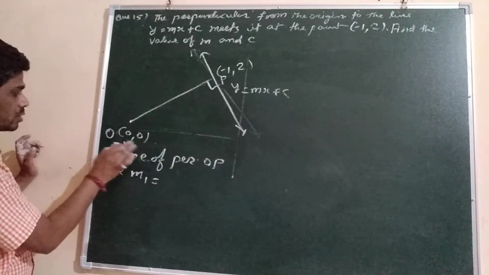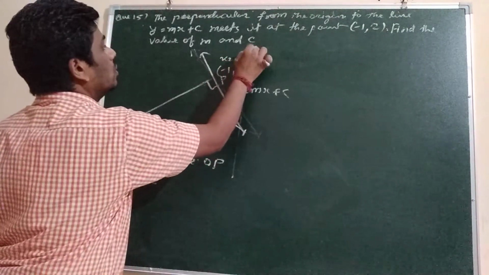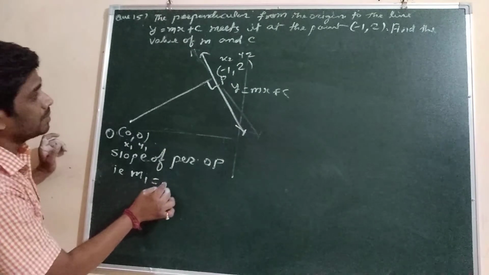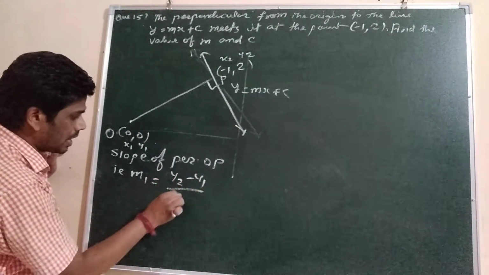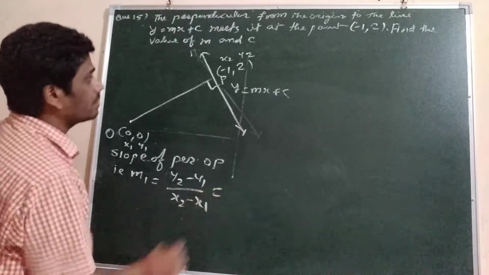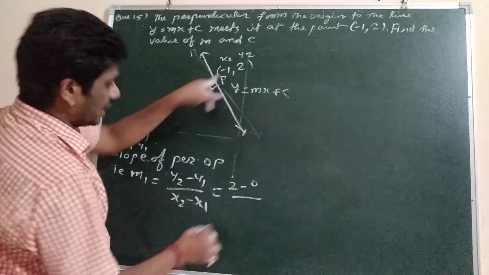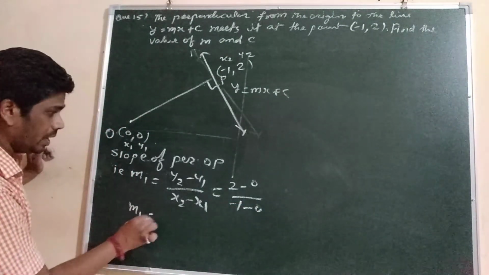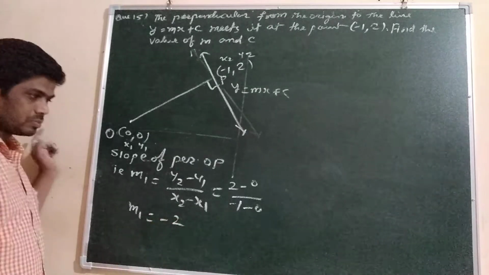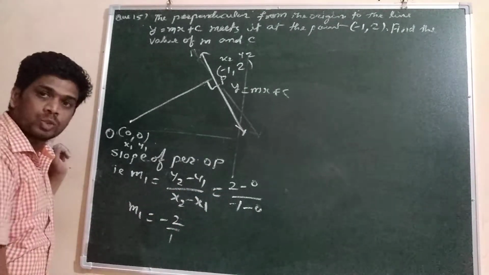This is x1 y1, this is x2 y2. That will be 2 minus 0 upon minus 1 minus 0, which is 2 upon minus 1, which means m1 will be minus 2.